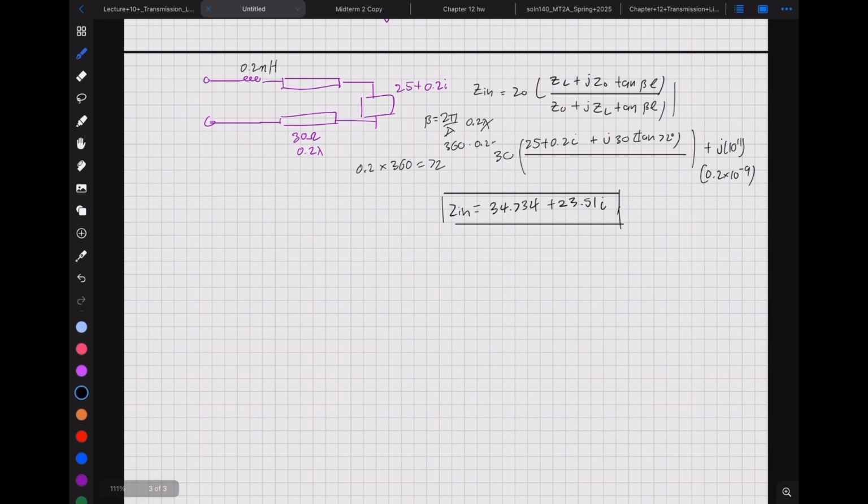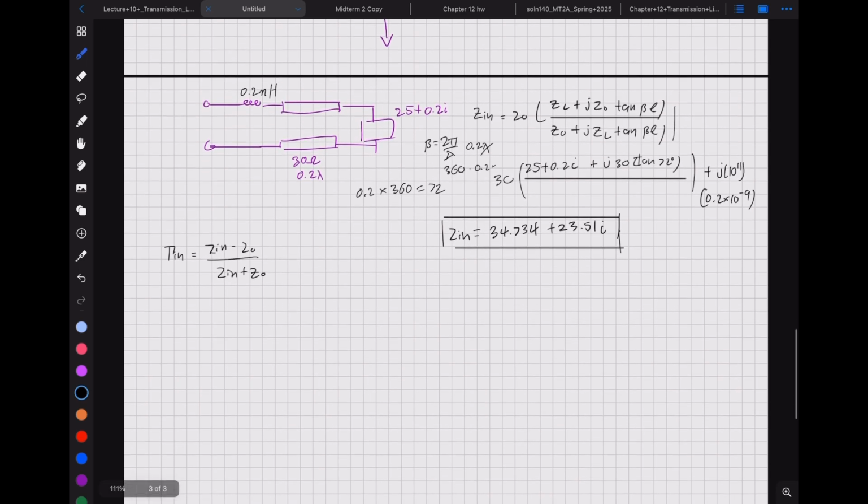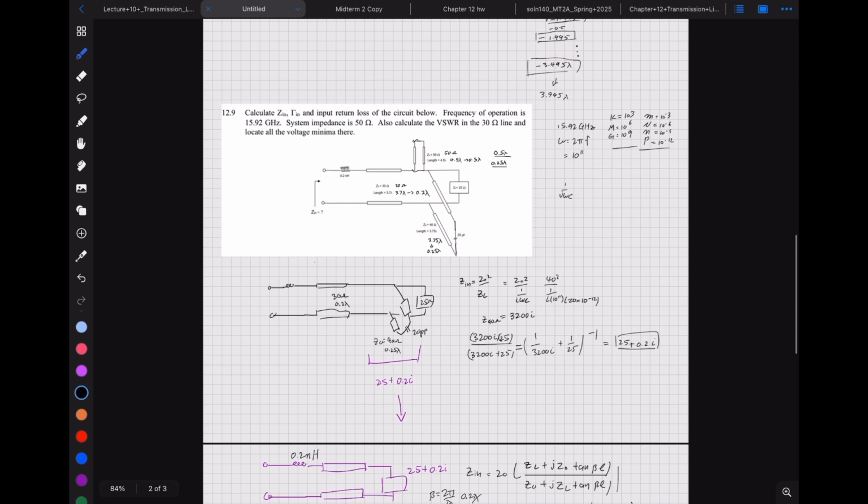Let's find the gamma. So the gamma in is represented by Zin minus Z0 over Zin plus Z0. And the Z0 that we use is the system impedance.